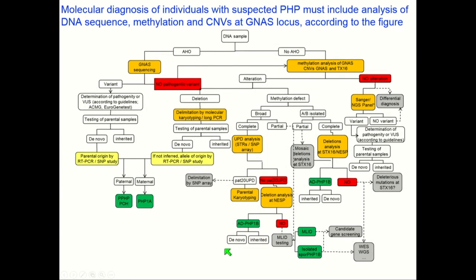Now, this is one of the slides from the consensus document, and this, I must admit, when I saw it, I was kind of surprised. This is from the PHP consensus meeting. This is the recommended pathway for genetic analysis, molecular diagnosis of PHP. And I think while this is an accurate representation, I think it's kind of complicated.